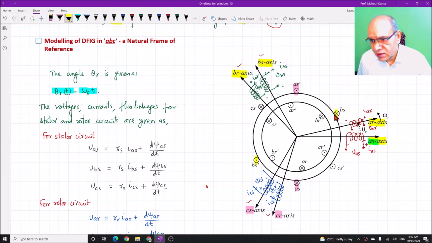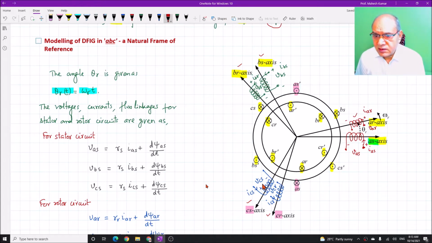This is BS, then CS and CS dash. For the rotor, they are here. This is AR dash, this is AR, this is BR dash, this is BR, and this is CR dash and CR. Equivalently, they are represented by these small windings I have shown on the axis.